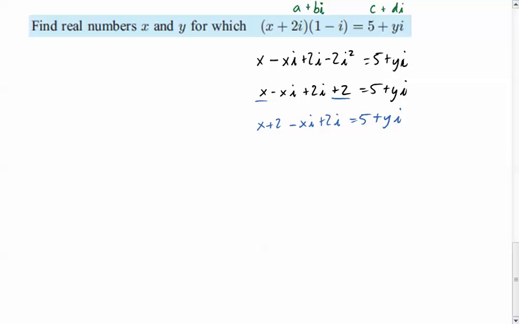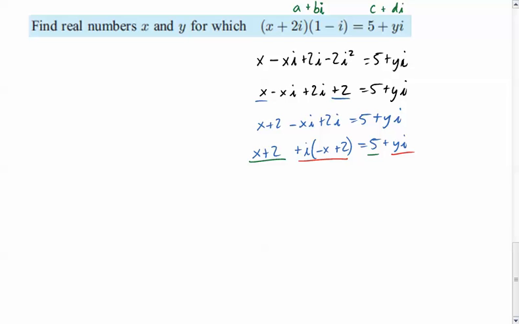Now the whole point to that is that now I have x plus 2, which is the real piece, and then I can factor out an i here, so then I can go plus i times negative x plus 2 equals 5 plus yi. So again, the x plus 2 is the real part. The i times negative x plus 2 is the imaginary part.